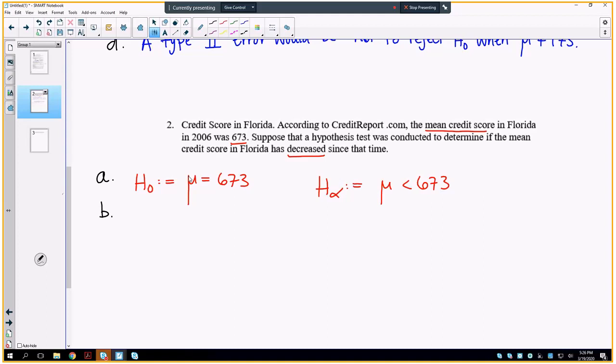Now we need to say, in the context of our problem, what will be making the correct decision?